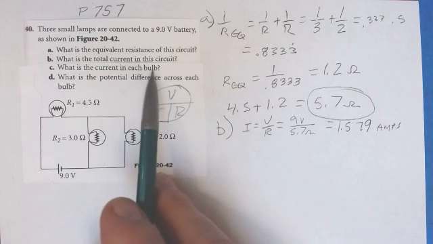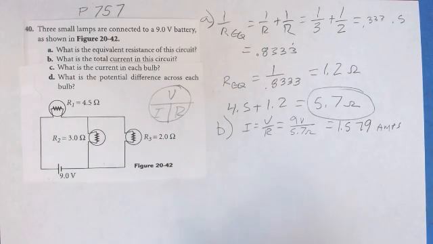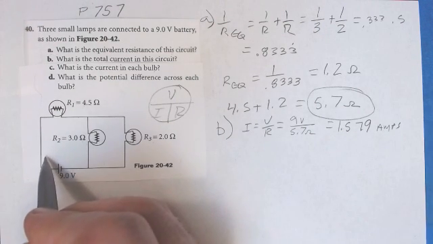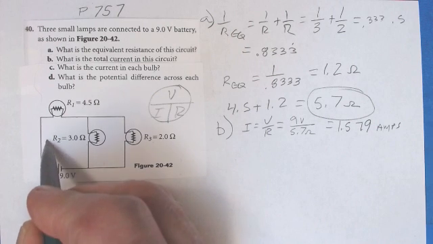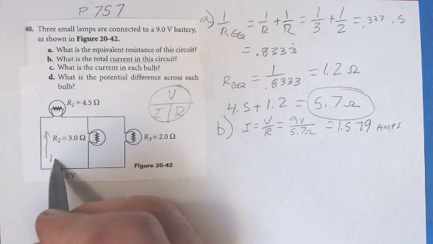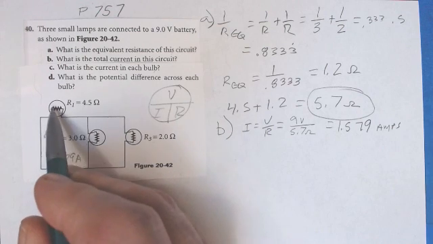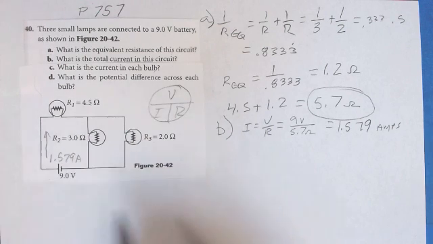What is the current in each bulb? Well, we calculated the total current of the equivalent resistance, so we know that 1.579 amps goes through bulb number 1.